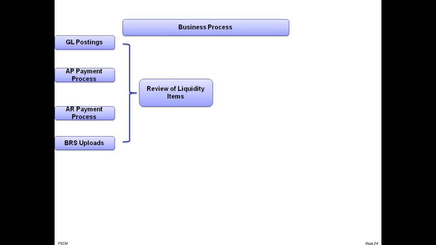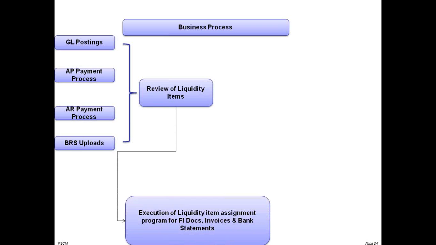We'll be discussing that again, but we are going to review all this information with respect to cash. And there are some designed programs in FSCM systems for FI documents, invoices, and bank statements for the purpose of execution of the liquidity items.